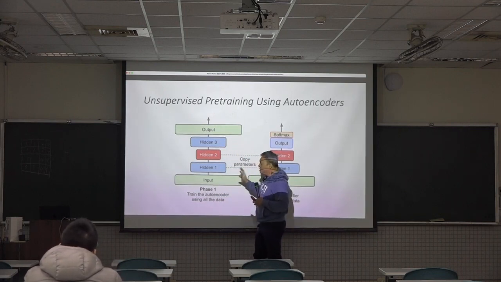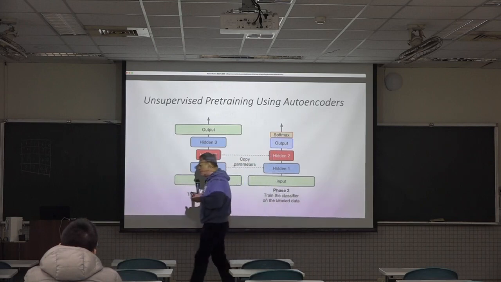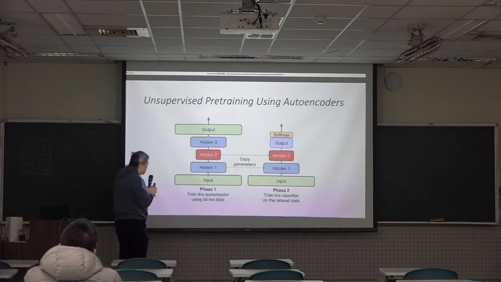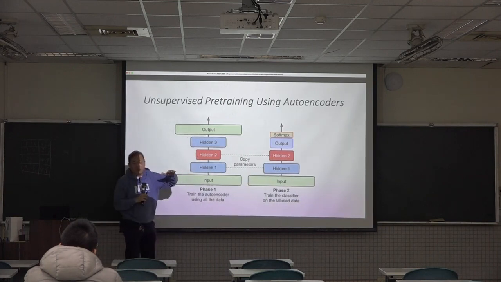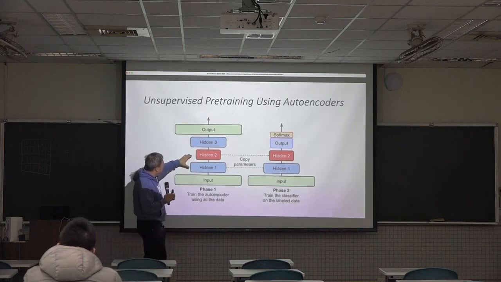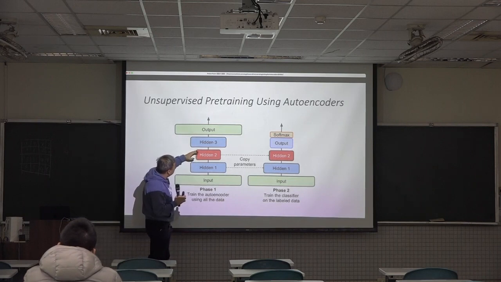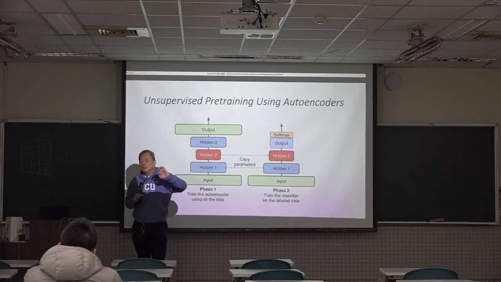And when you train such an autoencoder, the encoder will compress the information into coding, right? So after you train this autoencoder, the encoder part is a good feature detector.